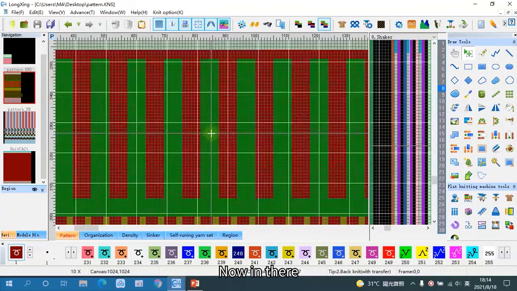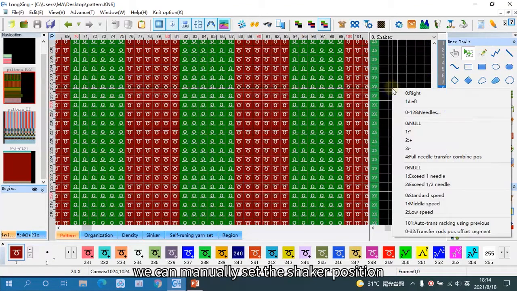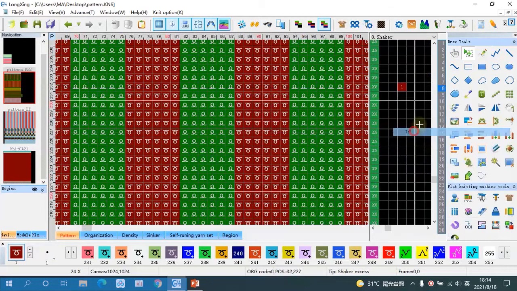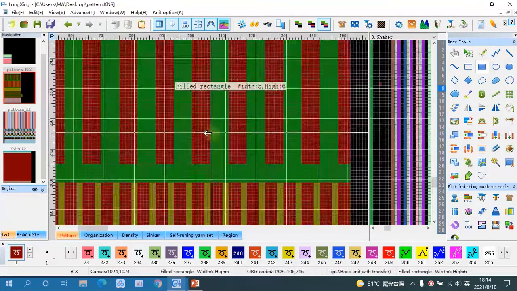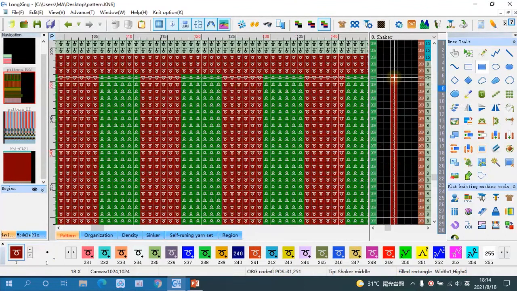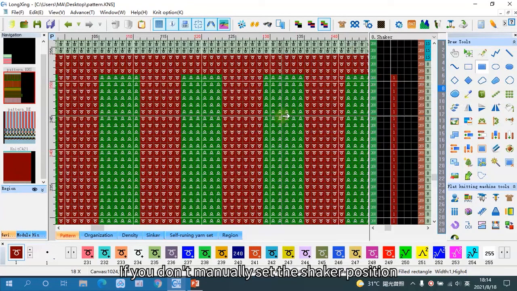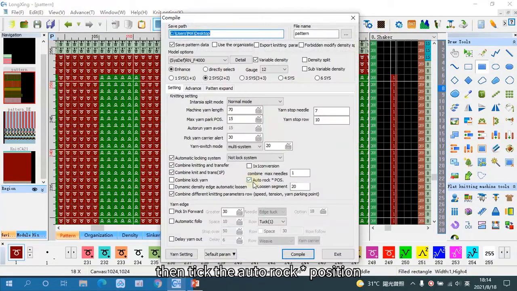Now, in there, right-click, we can manually set the shaker position. Then fill those lines. If you don't manually set the shaker position, then you can click Compile, then tick the Auto Rack Ester position.